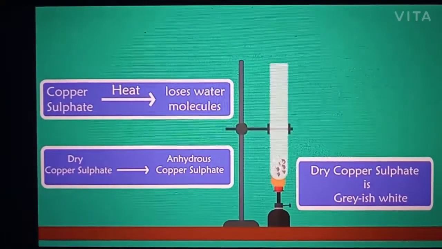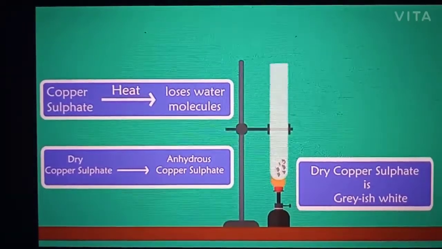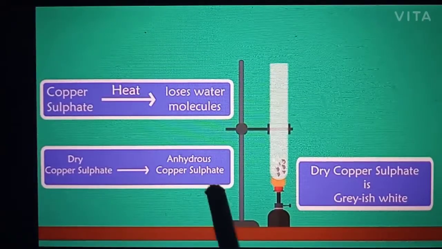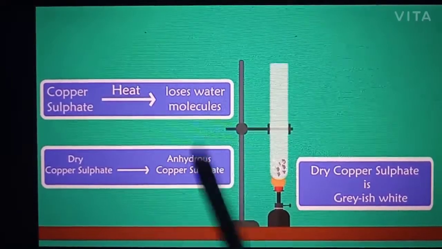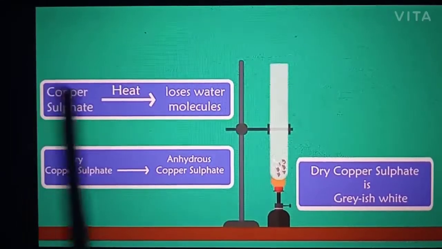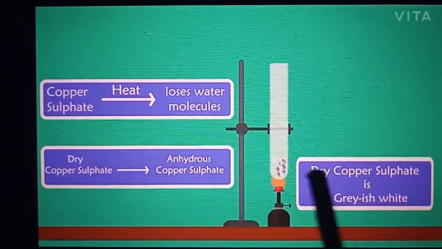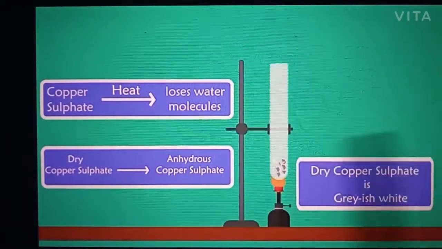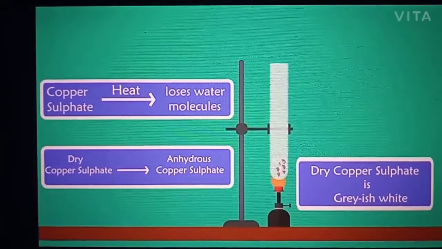Hydrous means there are water molecules, and anhydrous means there are no water molecules. Copper sulfate loses water molecules and forms anhydrous copper sulfate. Hydrated means related to water, so hydrated copper sulfate contains water molecules. I hope it is clear.